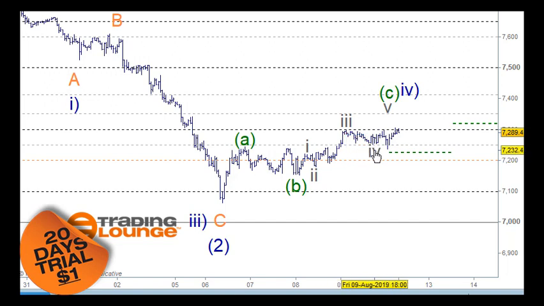In this case, this is a sideways correction, so it's a little bit easier for me to say that this is a wave 4 here. And if that's the case, we should make a new high, so we can bring that over to here. This may not even be wave 4, but what I also wanted to talk about is, let's just say we get our little, let's just draw 5 little waves in here for a moment.